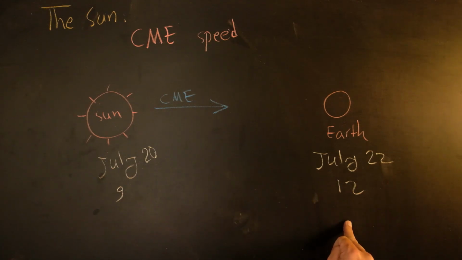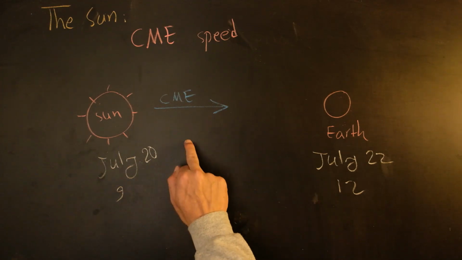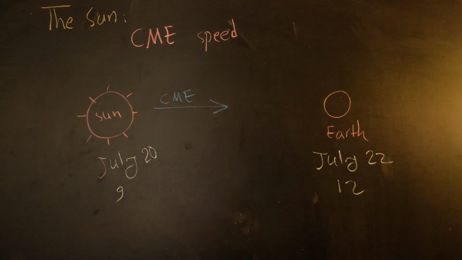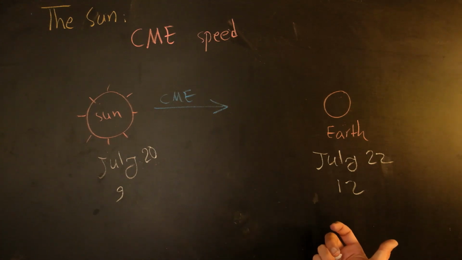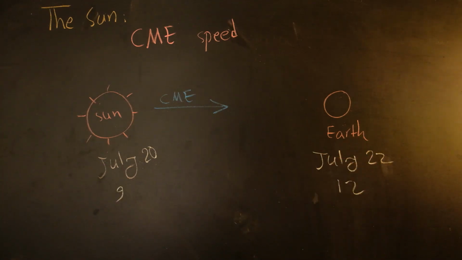The real number in your question is different. This is just the easy number I'm using to explain. So you have 2 days and 3 hours for this CME. Then you have to convert to how many hours? 2 days are 48 hours and you add a few more hours here. This is the time. Now you have the time and you have the distance. That number is given and you need to find the speed.